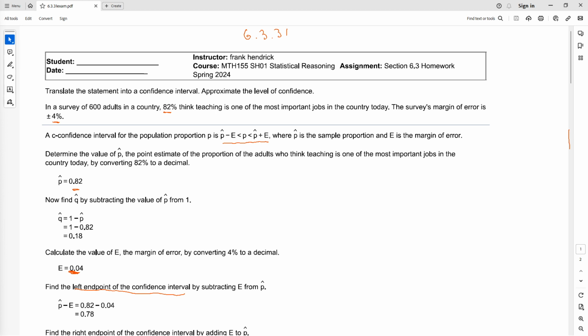So they subtract the margin of error from our p hat, which gives us 0.78. And then they want us to find the right endpoint.